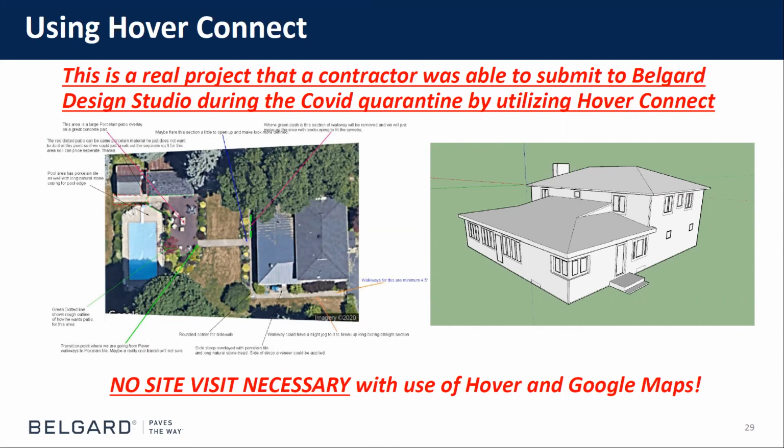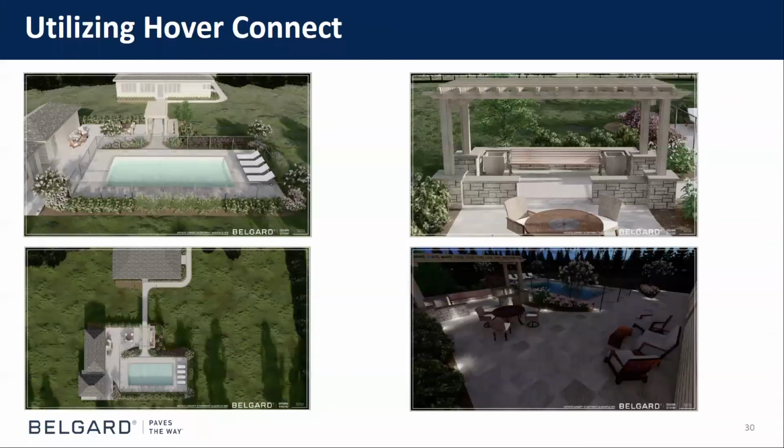They were able to send us all the content we needed, and nobody had to compromise themselves with social distancing. And we were able to give them some beautiful renderings, show some upsell options with some outdoor lighting and other features. So that's pretty much a down and dirty overview of how this works for existing contractors.